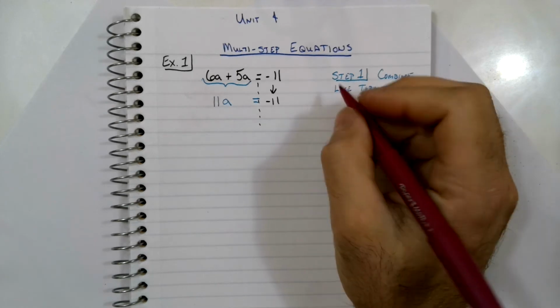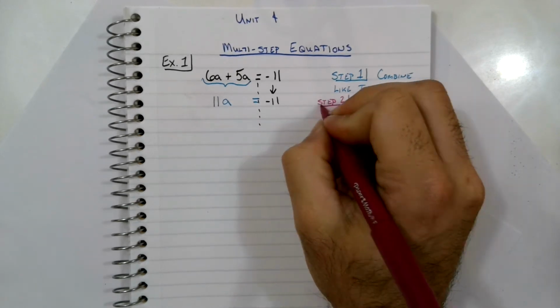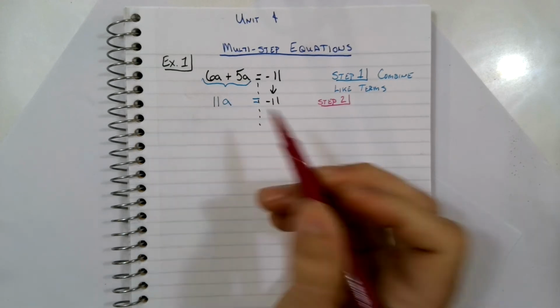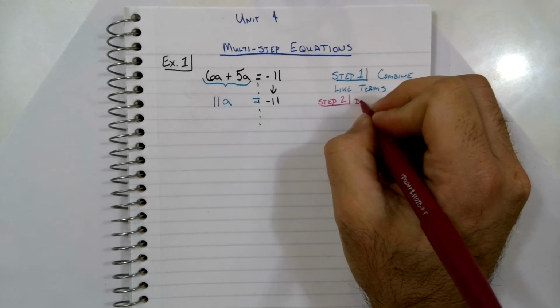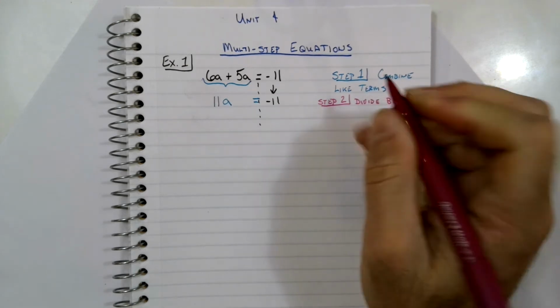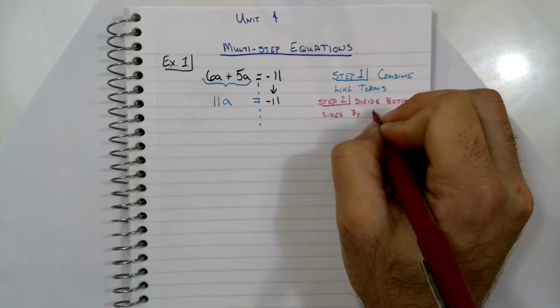So now, step 2, we're just going to solve it like a one-step. When they're side by side, it means to multiply. Opposite of multiplication is division. So we're going to divide both sides by 11.